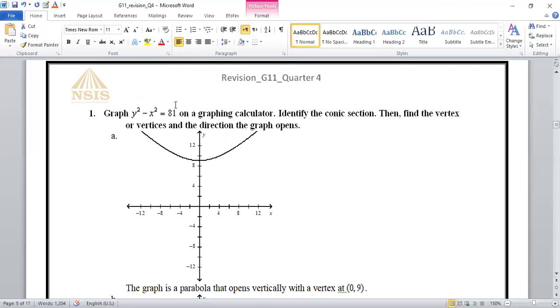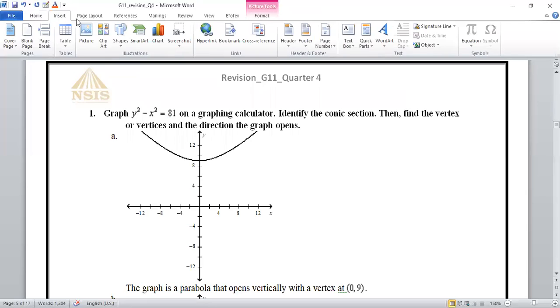We must make the right-hand side equal 1, so we divide this equation by 81 to get 1.